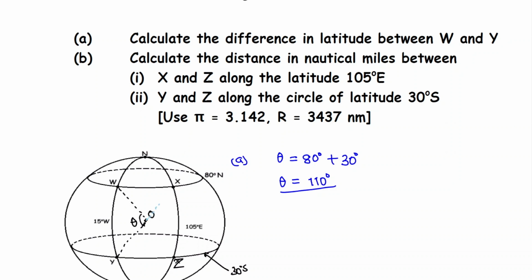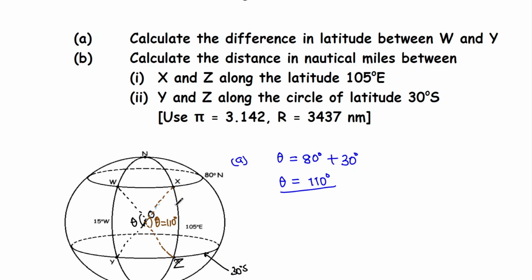Let's use a different color. Remember, this one is exactly the same as what we had here, because they are lying on the same latitudes, both north and south. So the angle here is the same, 110 degrees, as we have just gotten.